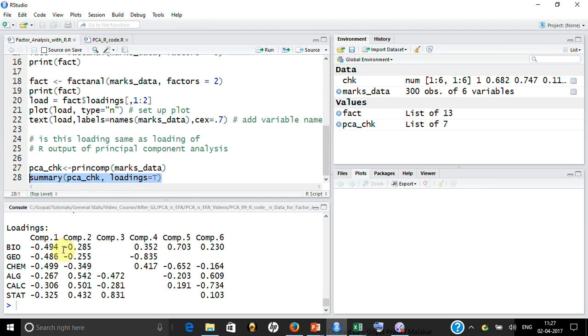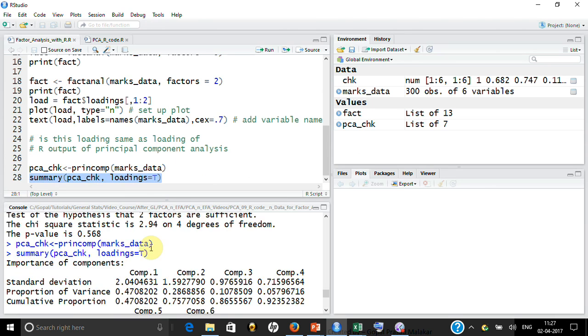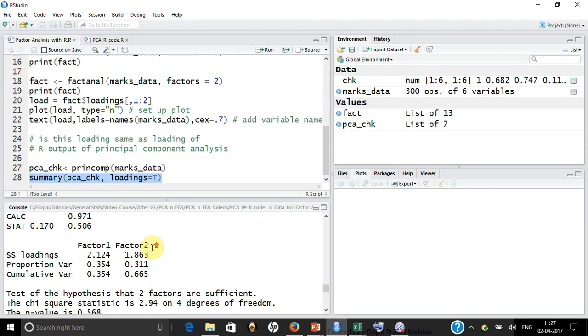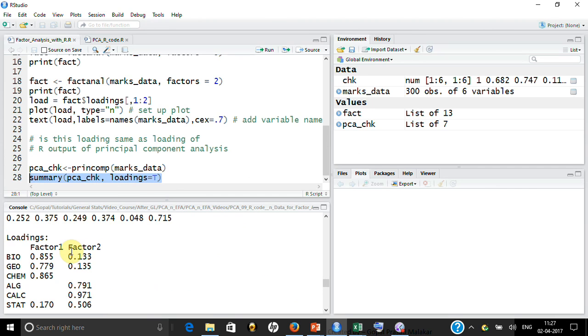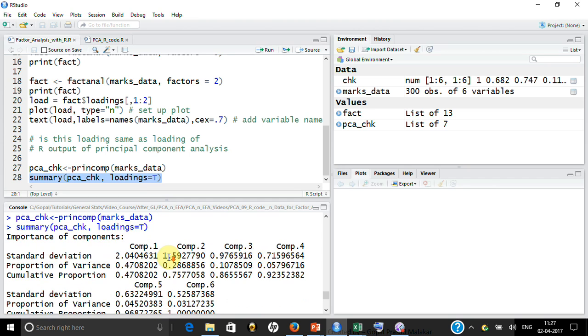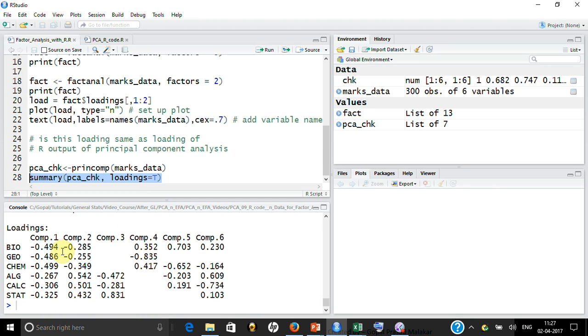If you look, it says minus 0.494, minus 0.486, all those things. So this is pretty different from the loading you are getting in factor analysis. You need to understand that the loading in both cases has a different meaning. Here it tells you how you can combine the standardized values of biology, geology, chemistry, algebra, calculus and stats to get component 1.